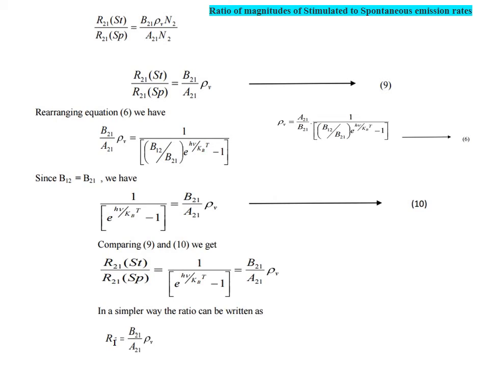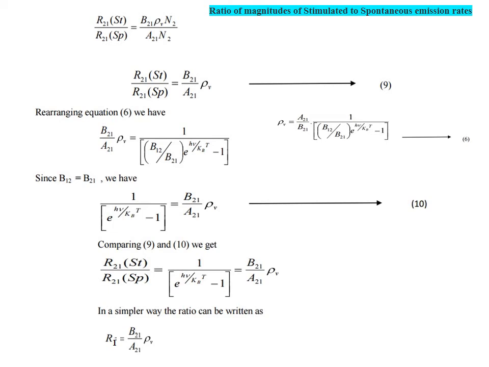If you compare equations 9 and 10, we have got the ratio between stimulated emission and spontaneous emission equal to 1 by exponential h nu by kT minus 1. It is a useful equation. That is equal to B21 by A21 into rho.